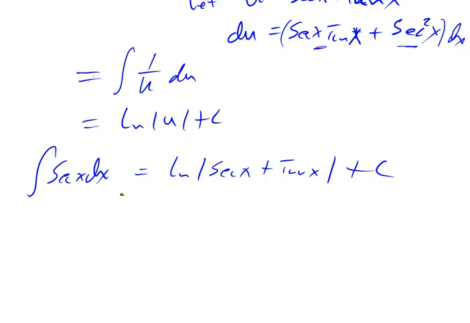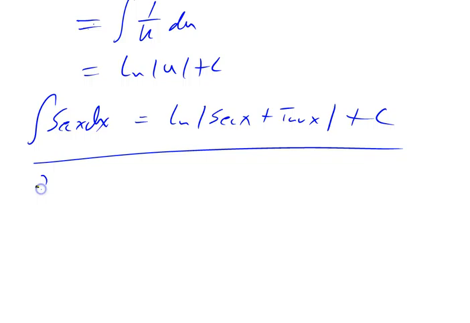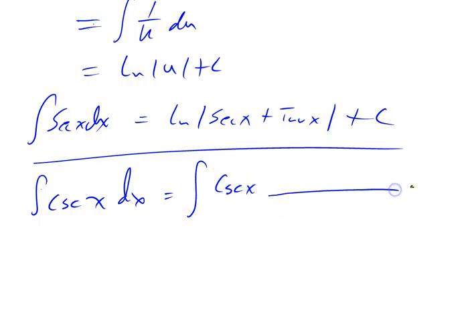Anyway, we can do the cosecant in a very similar fashion. So I'm going to do the integral of the cosecant x dx, and I'm going to do this by multiplying by 1. So I've got cosecant x times cosecant x plus cotangent x on the bottom, cosecant x plus cotangent x on the top.